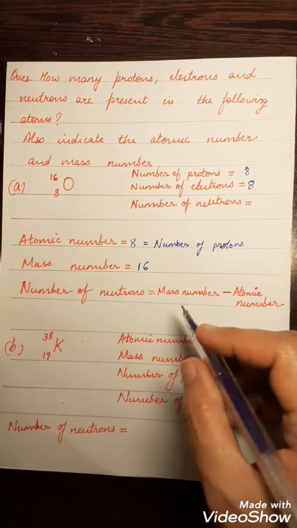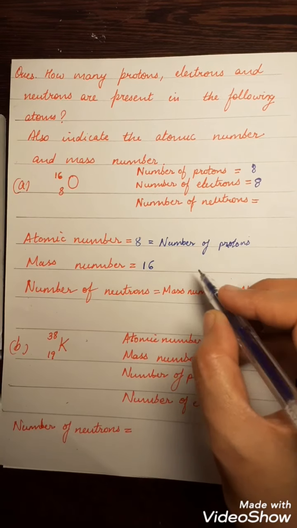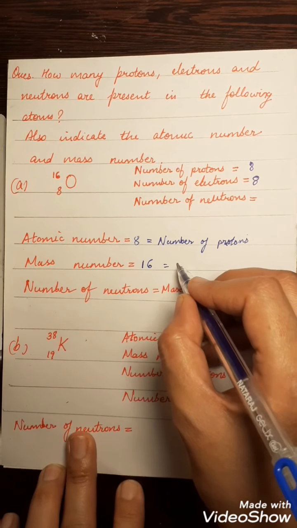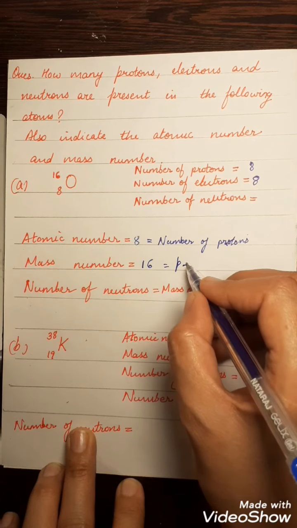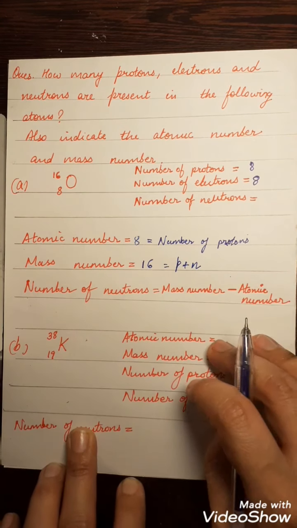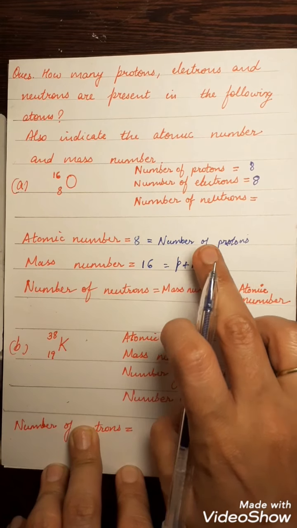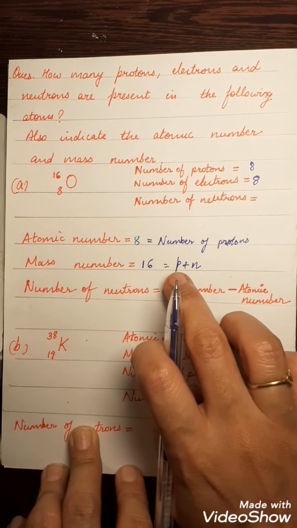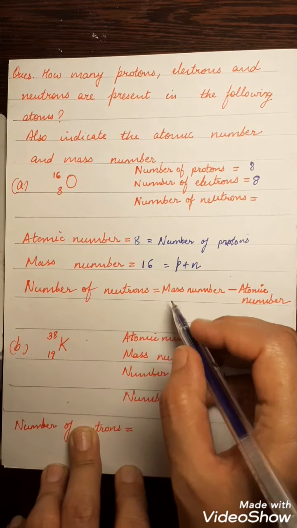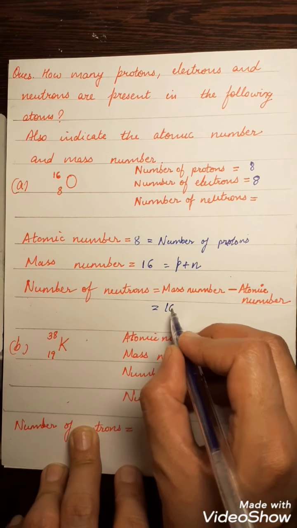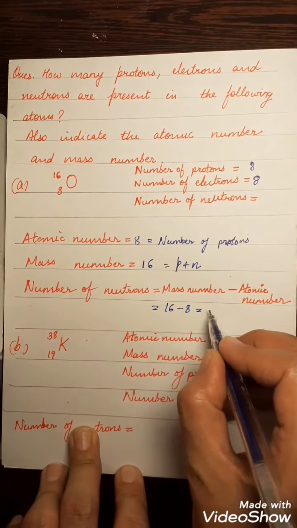And mass number equals protons plus neutrons, right? So number of the neutrons equals mass number minus the atomic number. So it will be 16 minus 8, that will be 8.